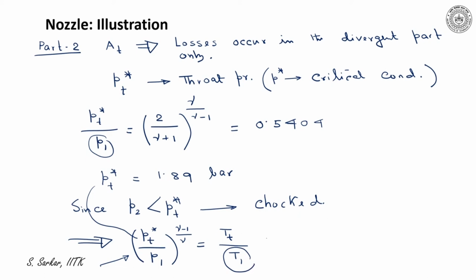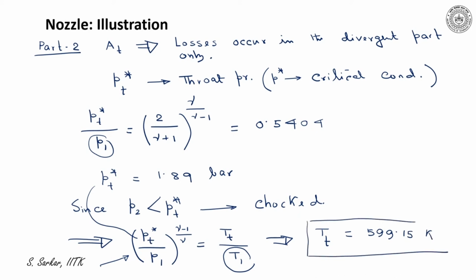So I can evaluate TT, that is temperature at the throat, which is coming as 599.15 Kelvin. So I have evaluated temperature at throat. You are requested to check all the calculations.